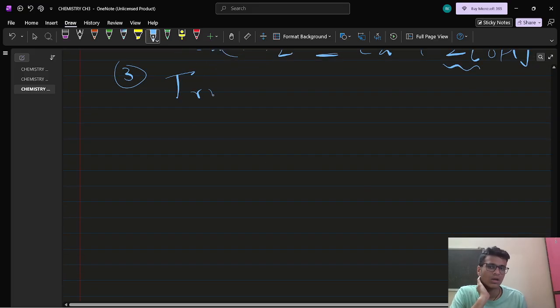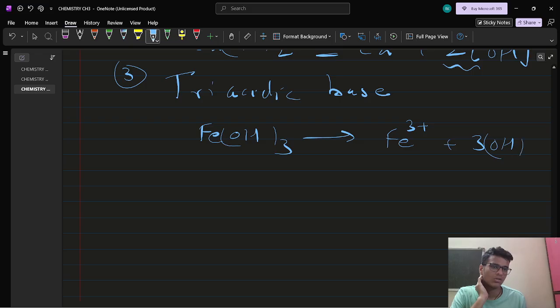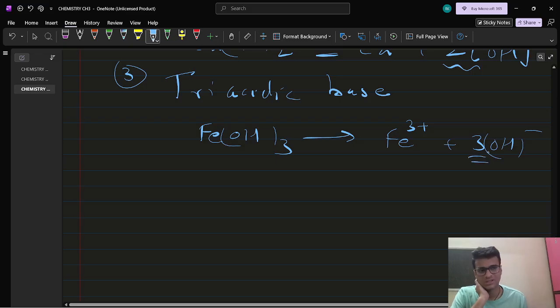Now third one we have is tri. Obviously tri ही होगा ना. Triacidic base, ferric hydroxide. We have not shown it, but it will somewhat dissociate in this way. Not given actually, but yeah, say that. 3 OH minus. So this is 3.